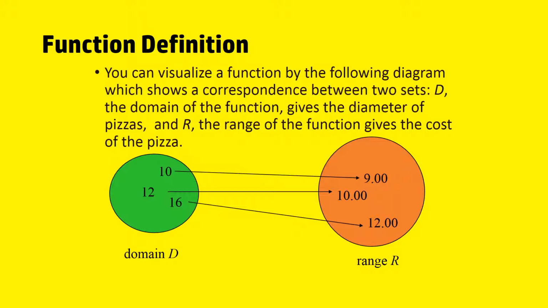R is the range of the function, and those are costs of the pizza. So you can see how the mapping goes. 10-inch diameter pizza, $9. 12-inch diameter pizza, $10. 16-inch diameter pizza would be $12. And for every size of a pizza, there's exactly one cost of a pizza.